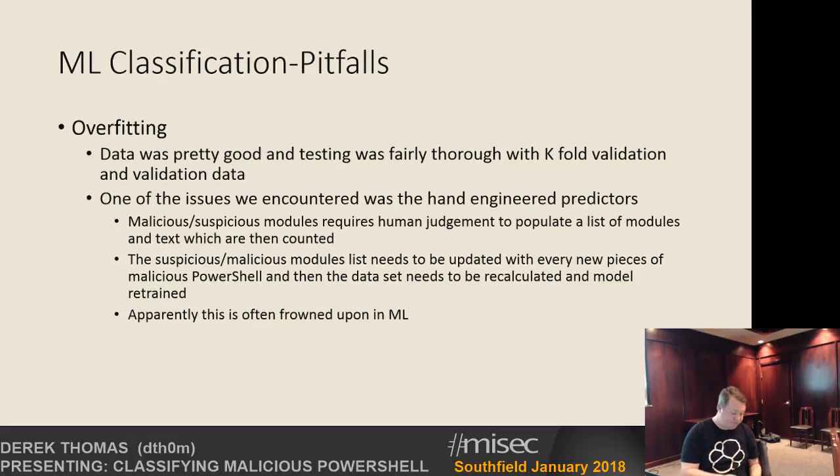That's our opinion, and when you're creating these, you want to remove opinion as much as possible. Two, that has to be updated as time goes on. If we've got to update this, it kind of sucks. It's a little bit better than rules, but we still have to continually update these models. And every time we update this, we have to recalculate all the data and retrain the models. That's not optimal.